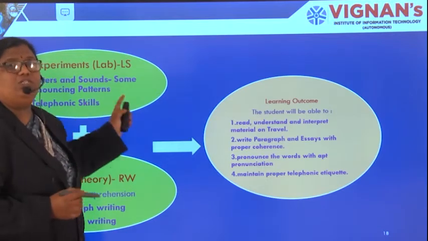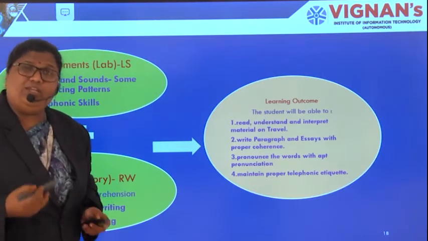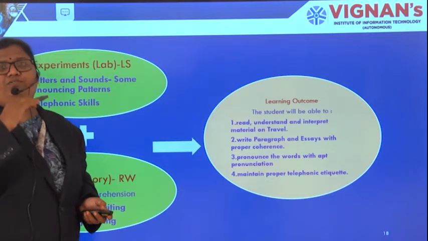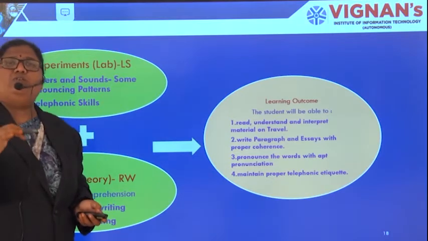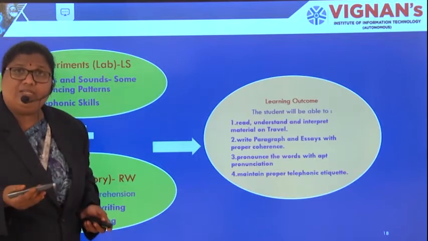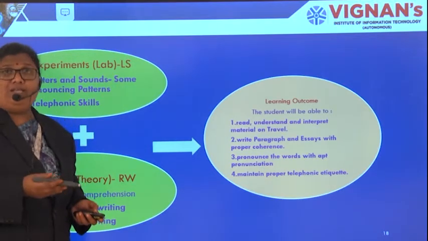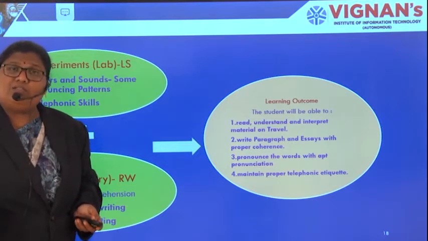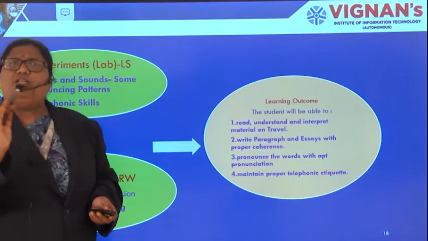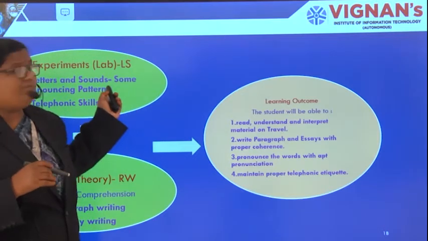So in letters and sounds, you learn exact pronunciation, how to go through the dictionary in order to get exact pronunciation, and what are the various rules related to silent letters and NG sequencing, and how past tense markers should be pronounced, or how plural markers or inflections should be pronounced, and you learn the actual place and manner of articulation. All these concepts you learn here.